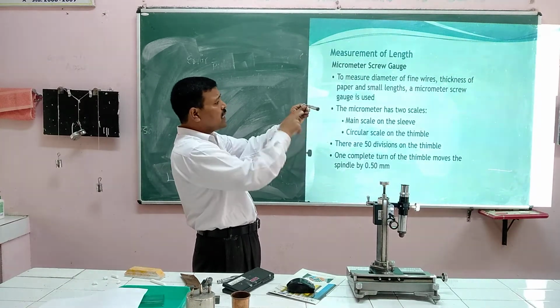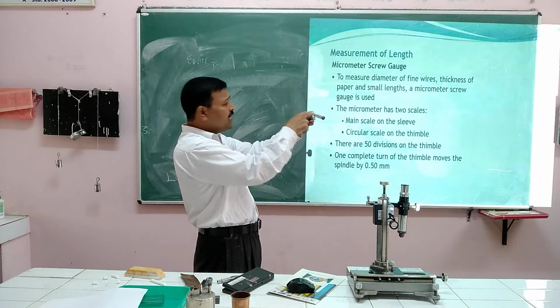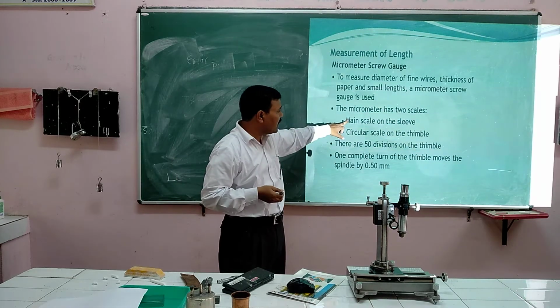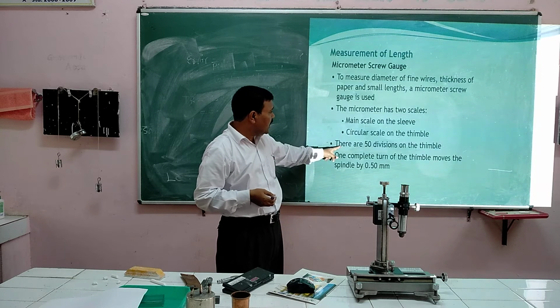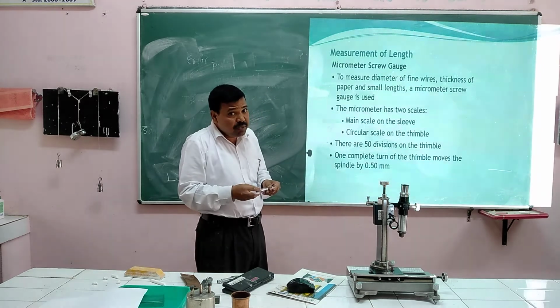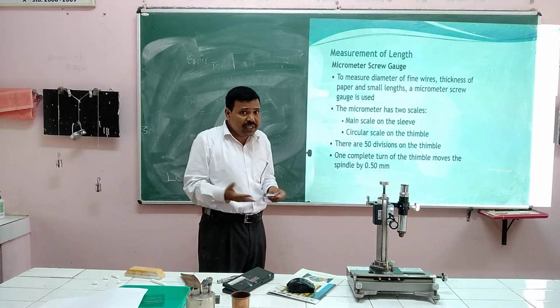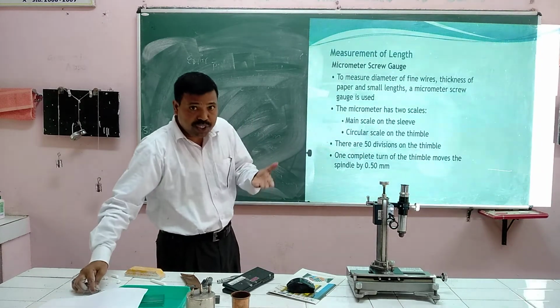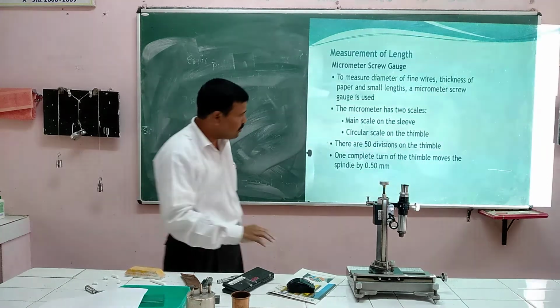One is the circular scale, the other one is the linear scale, the main scale. On the circular scale, there may be 50 divisions or there may be 100 divisions. Least count is the same. Procedure is the same.